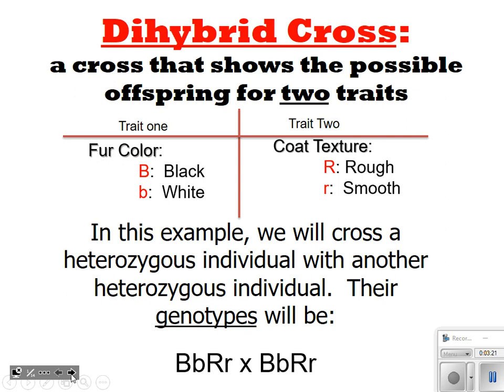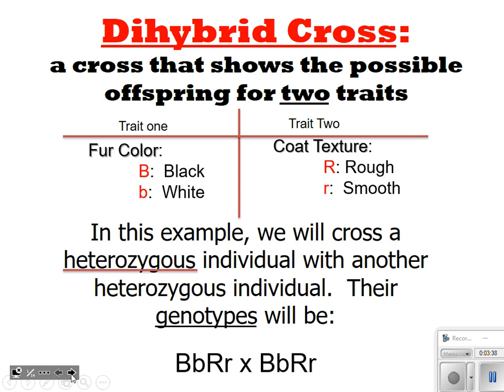Mixed with one and the same, capital B, lowercase b, capital R, lowercase r. So, that is two heterozygous individuals crossed with each other.